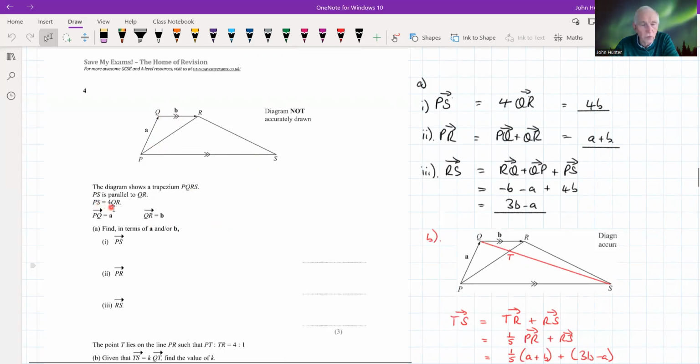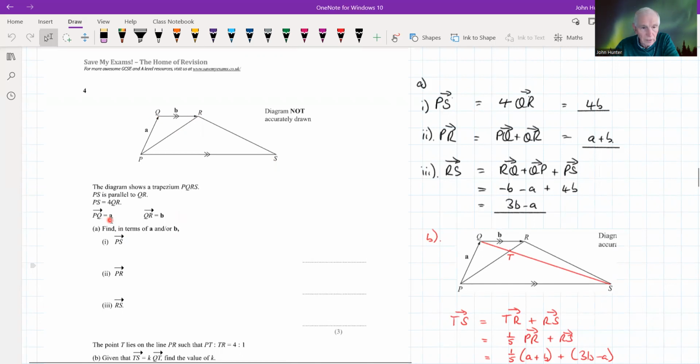PS equals 4QR. Now this is a geometry statement. It's just saying that this length PS is 4 times this length QR. But because we have a vector value for QR, then we can basically say that PS has a vector value which is 4 times that of QR.